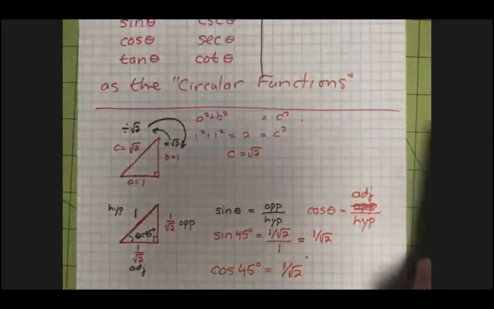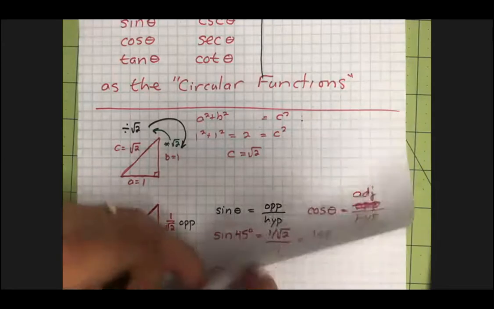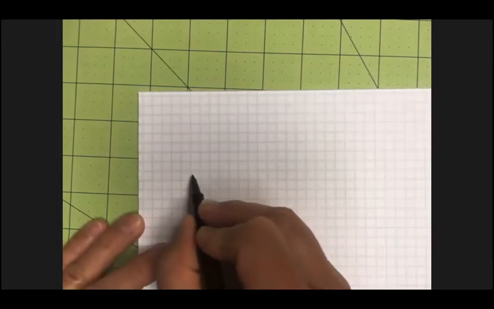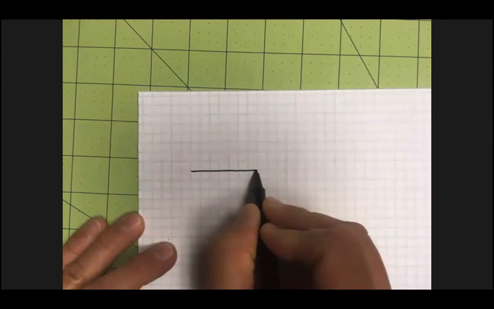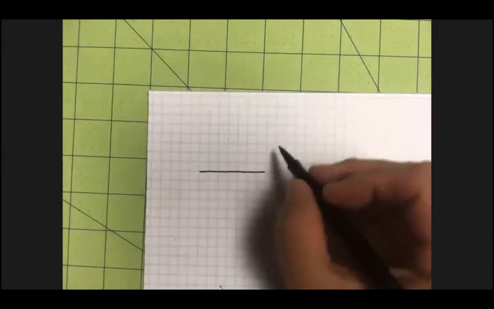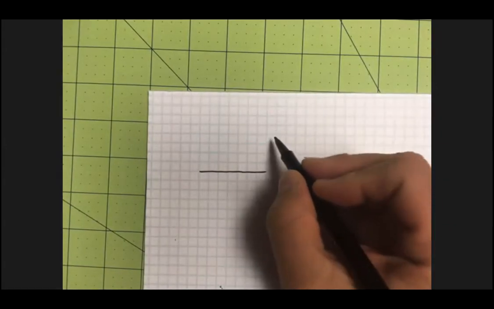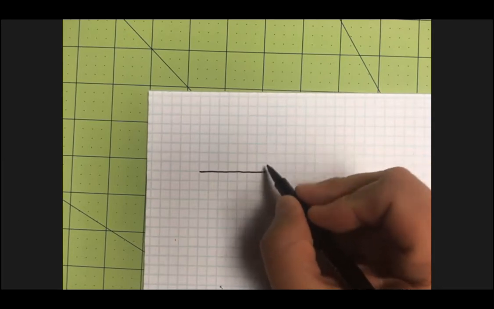Okay, so let me talk about another hypotenuse of 1. And these triangles are so important. 30, 60, 90, 45, 45, 90, 15, 75, 90.